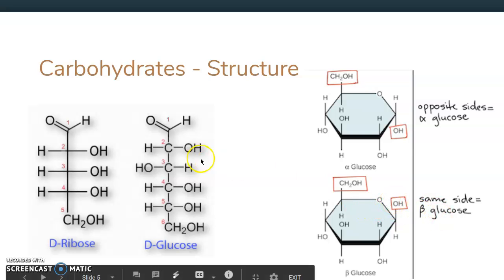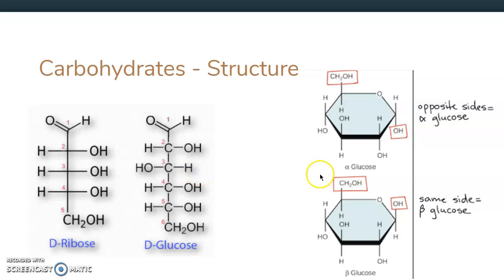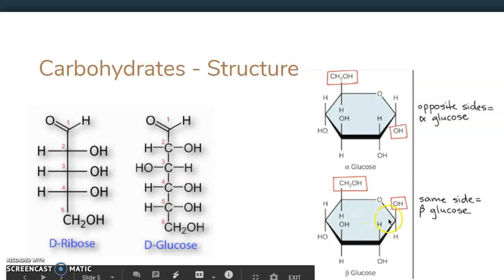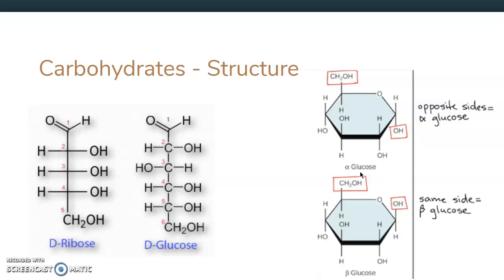This simple change, like we can see over here, changes a lot about the way that this glucose molecule can bind to other ones, and then will create different structures. So just some interesting, more detailed chemistry I wanted to expose you guys to, but I'm not going to expect you to remember or learn, but I just wanted to show you.